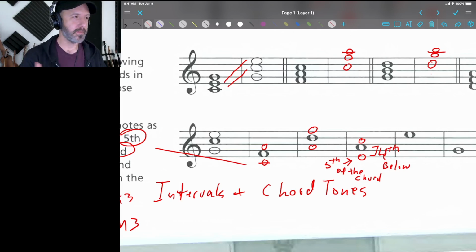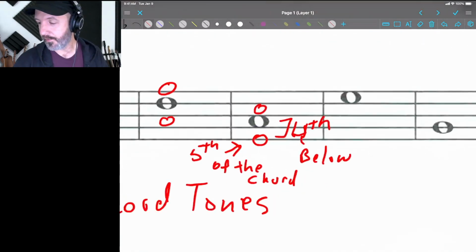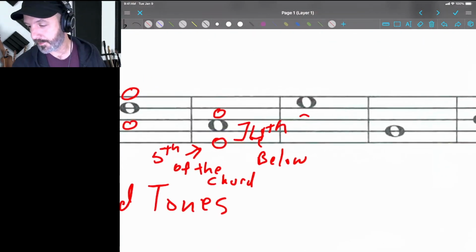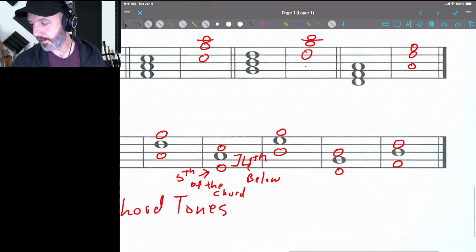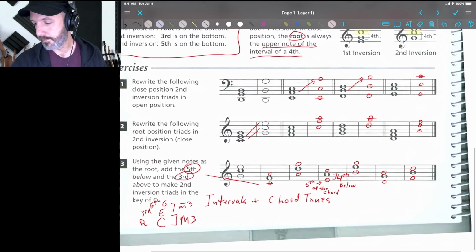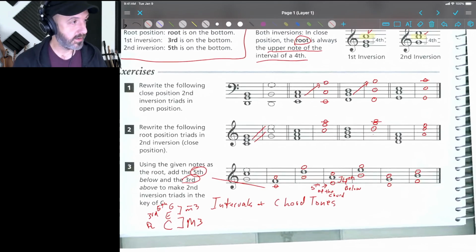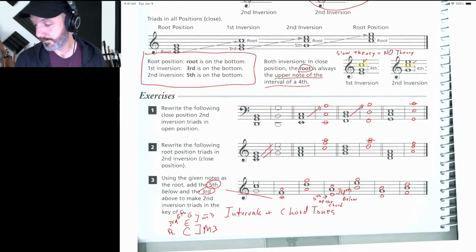So learn it anyways is what I'm getting at. Even if you don't ever plan to use these terms, just know it. There you go. Makes sense? Hopefully. I'm going to keep moving.